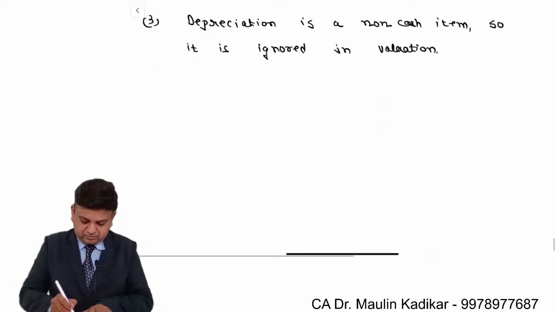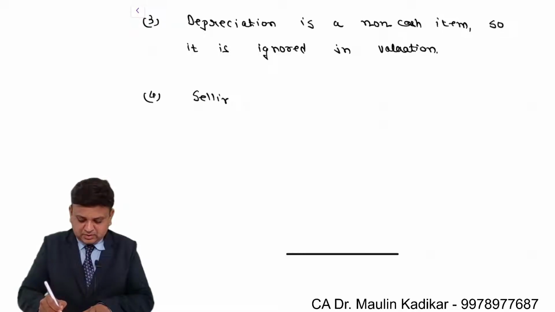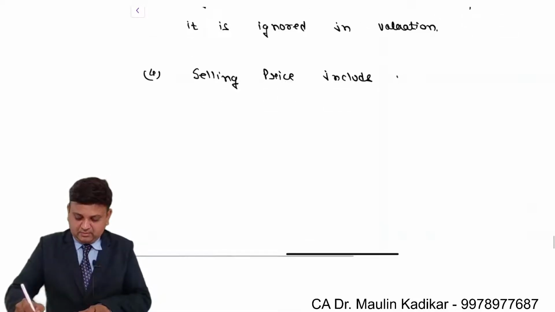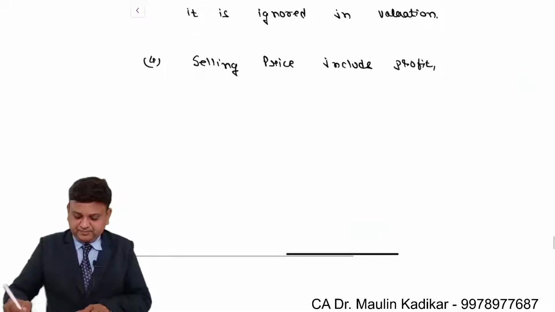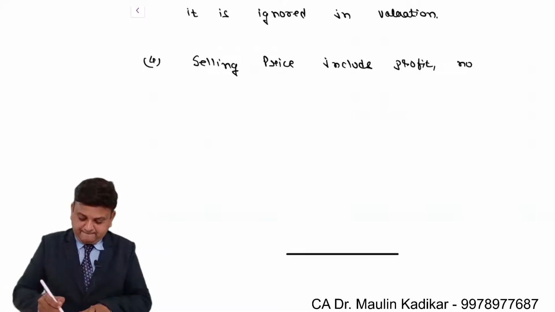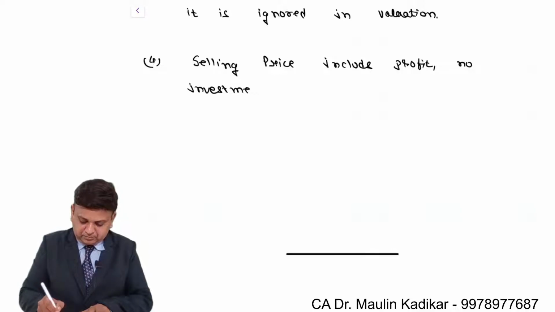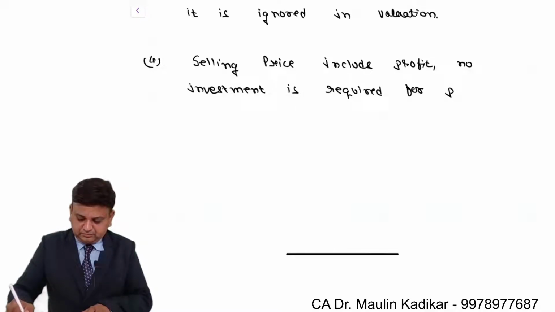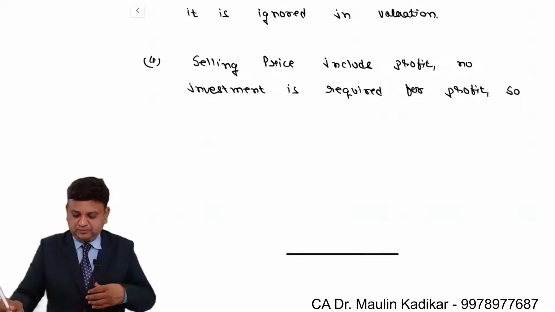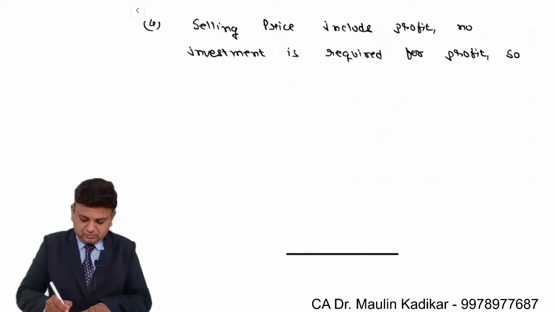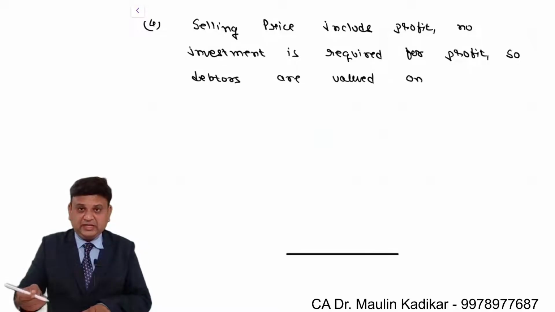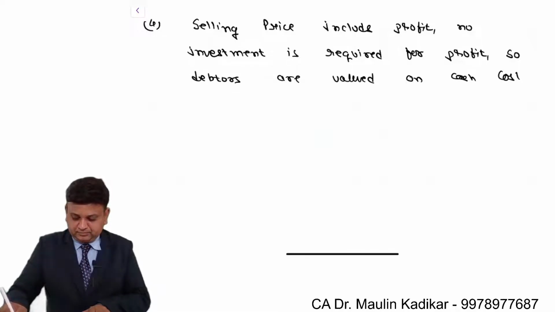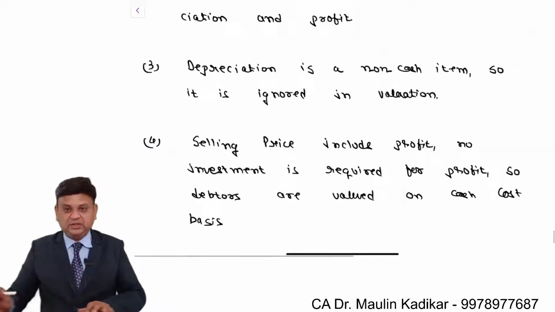Fourth point, selling price includes profit, no investment is required for profit, so debtors are valued on cash cost basis. This is what we understand.